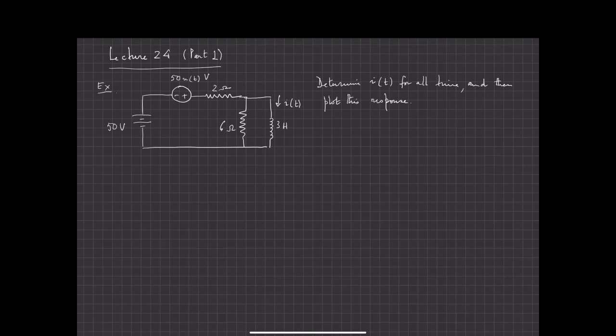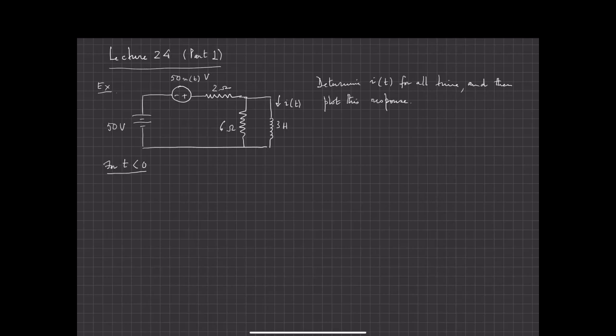So that is, you look at the circuit at t equals 0 minus. Suppose we are looking for the time period for t less than 0.